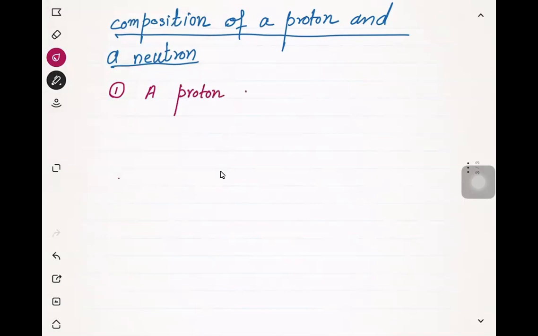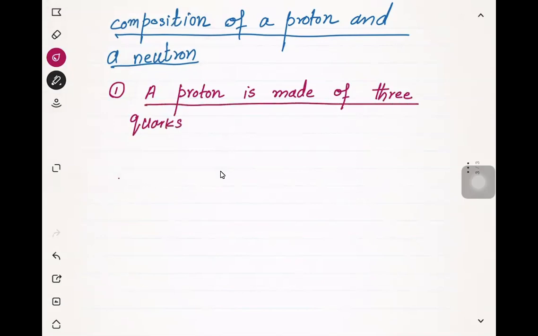A proton is made of three quarks, which are up, up, and down.